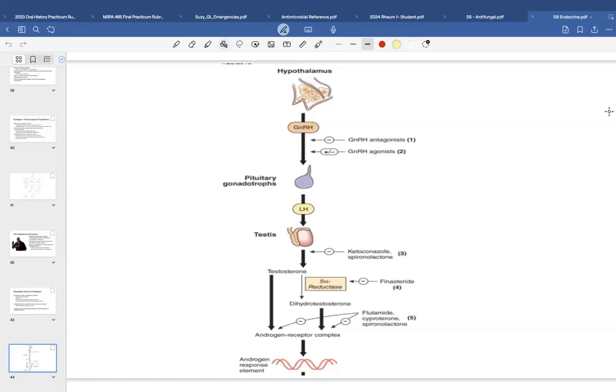And then we have drugs that work at the level of the androgen receptor to block androgen signaling.